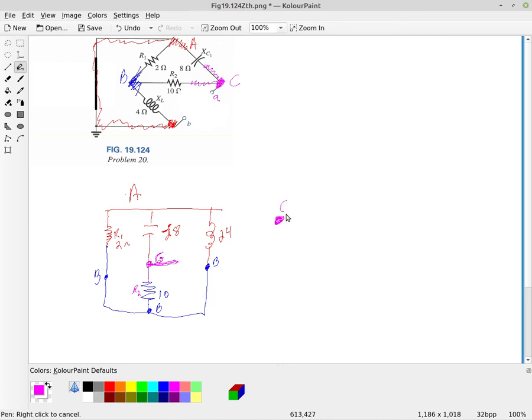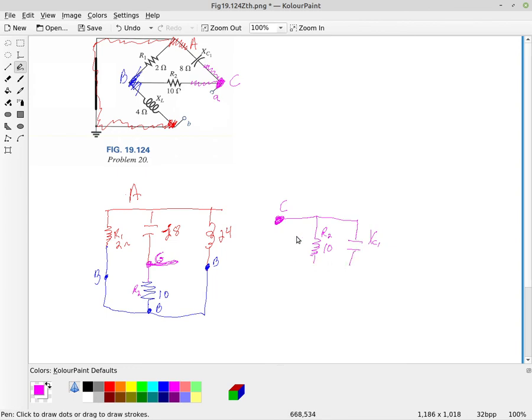So this was my point C, and I had the 10 ohm resistor, so that was R2, and then I had my capacitor, that was X of C1.